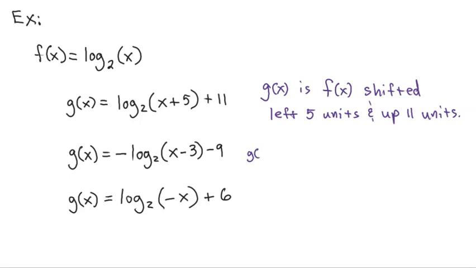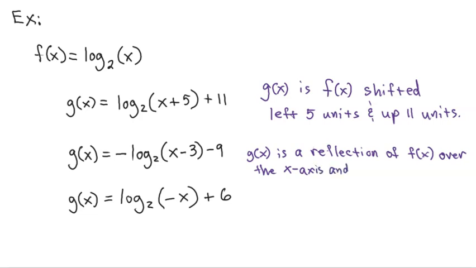So here, g of x is a reflection of f of x over the x-axis and a down shift, it's minus 9 here, down shift by 9 units, and x minus 3 means a right shift, and right shift by 3 units. Okay?